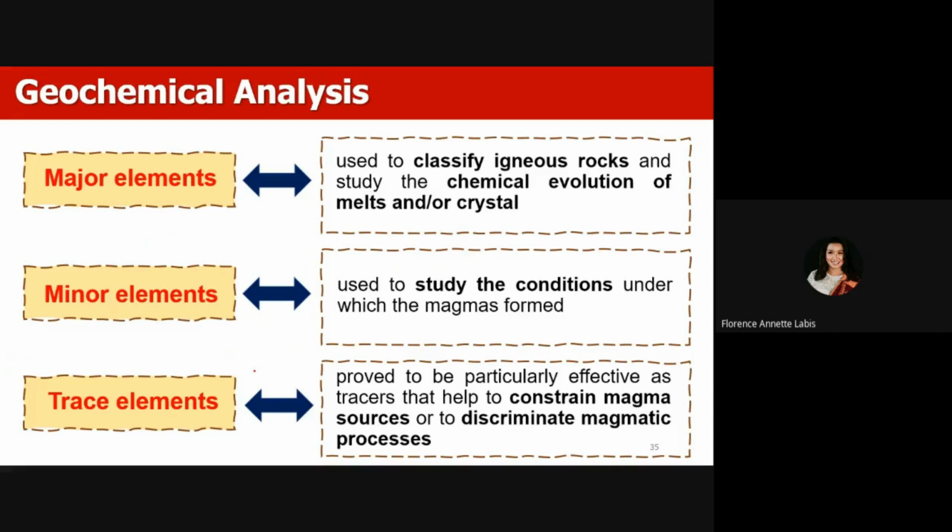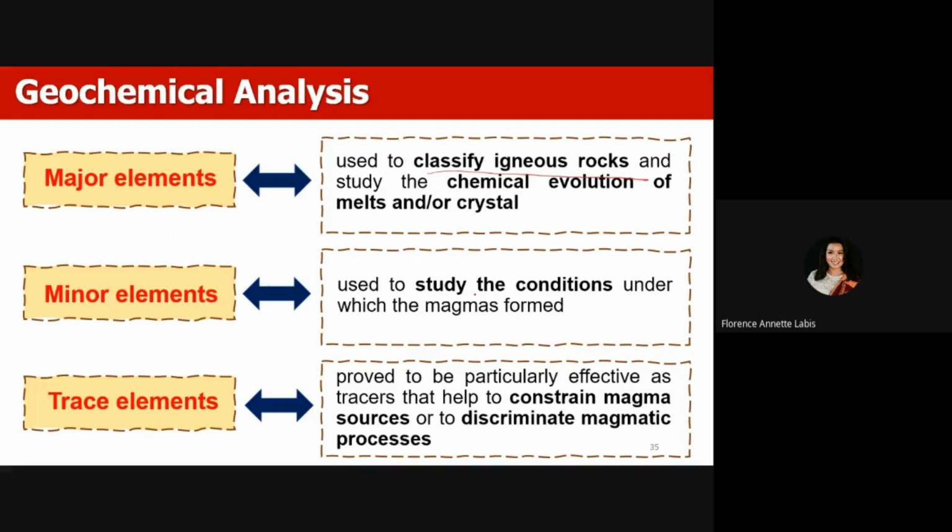Other than just giving you the values, there is also a significance or importance of why we study different types of elements such as major, minor, and trace. With major elements, mostly we classify igneous rocks and determine the chemical evolution of melts and crystals. Later, we will also teach you how we determine the composition of the melt and the crystal.